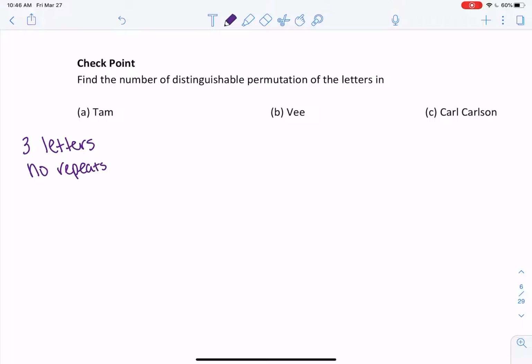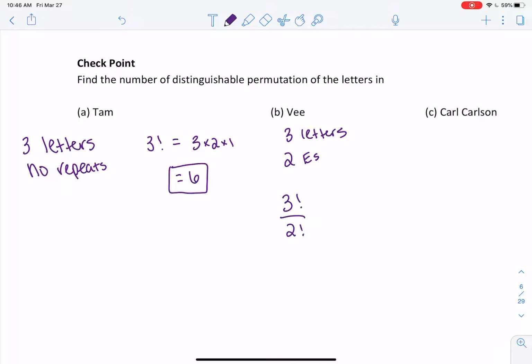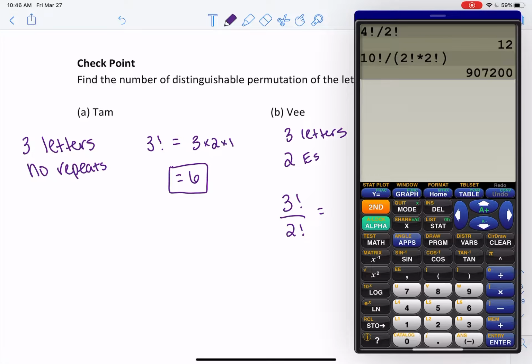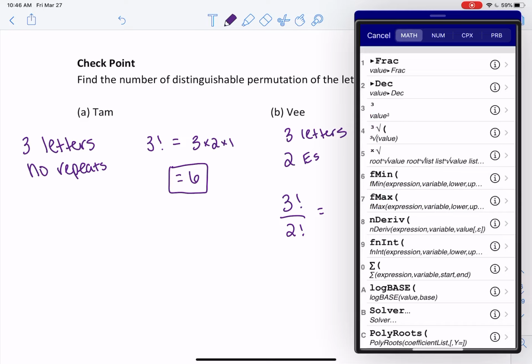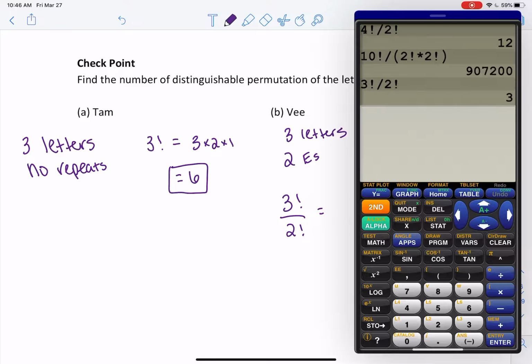So this here would just be 3 factorial, which is 3 times 2 times 1, so 6. For V, there are 3 letters and there's 2 E's. So we've got 3 factorial over 2 factorial, and you could solve that out if you would like to, using your calculator just to practice. And that would be 3.